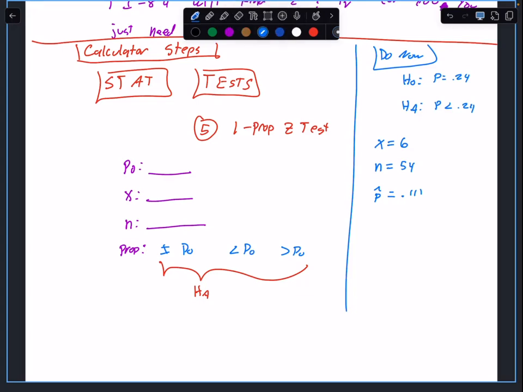X represents how many blue M&Ms we found, how many successes there were in the sample, and N is the sample size. We are literally going to write that information in here. So I'm going to put my P0 inside here for my do now. I'm going to go to the calculator.